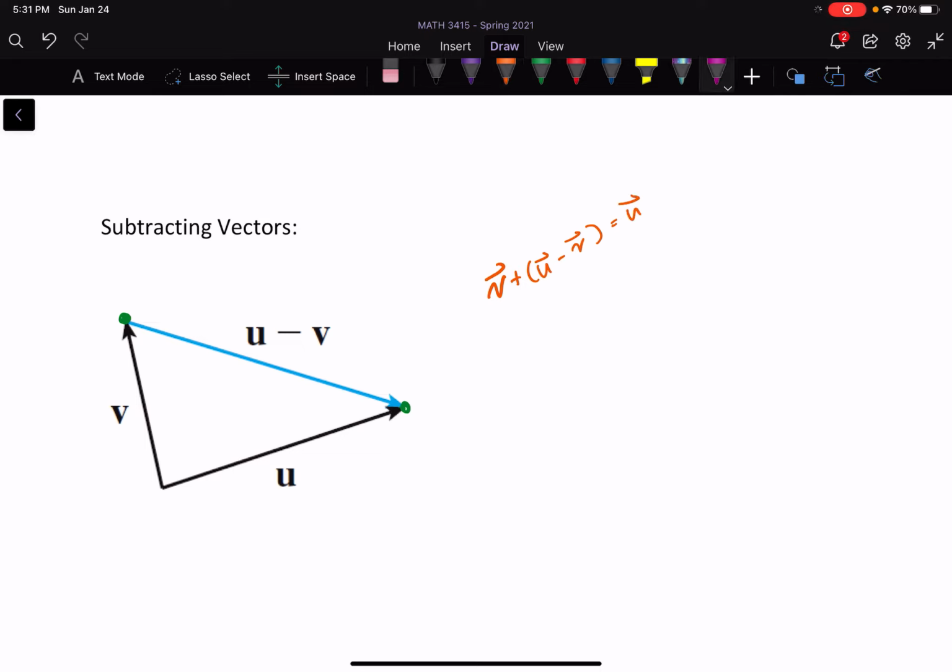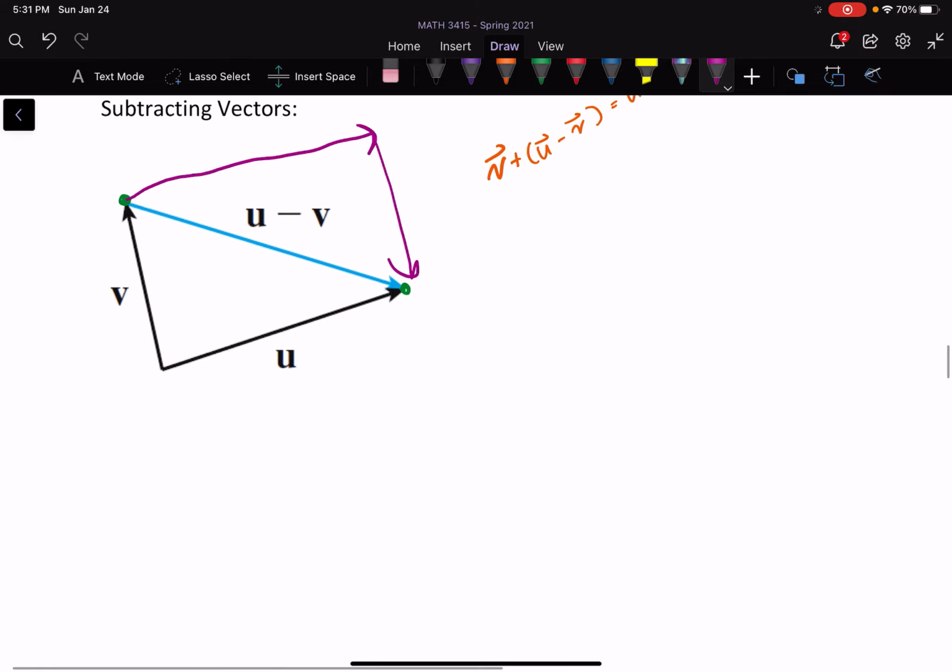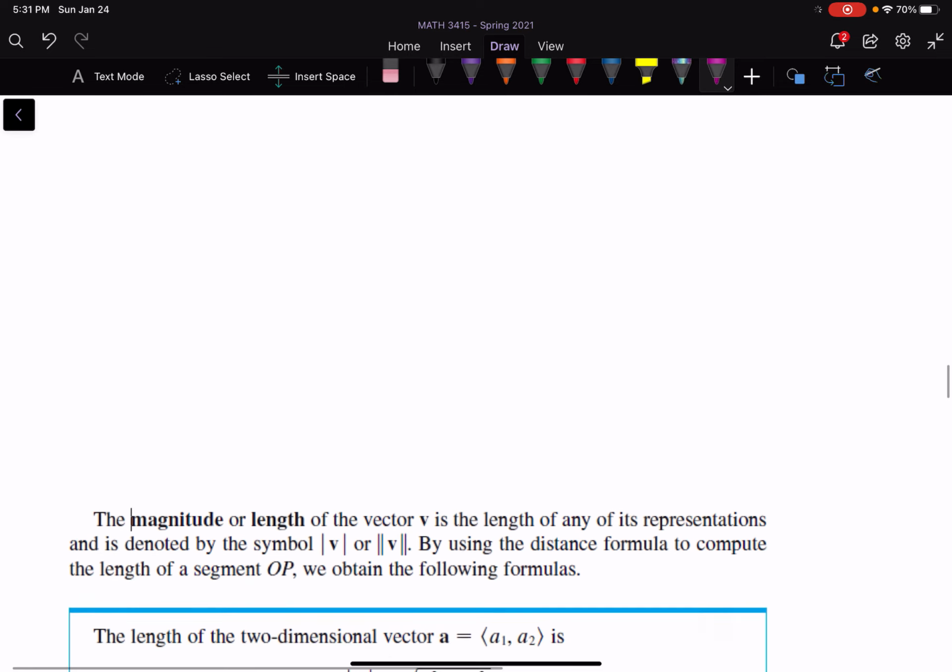And if I have the v here and the u there, then using the parallelogram rule, that's why u minus v would be in the middle there. That's subtracting vectors, and let's keep on going.